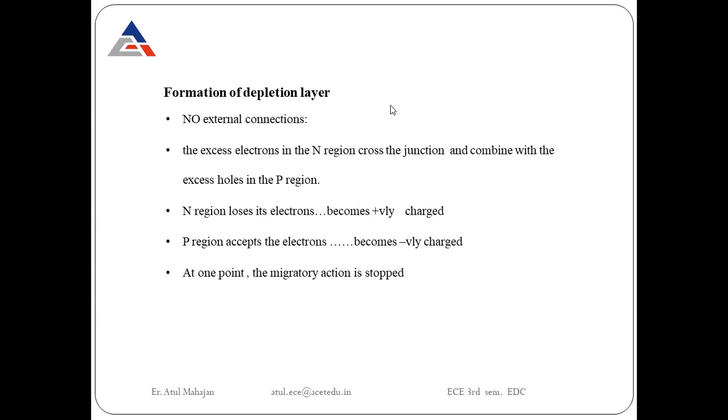Now this N region loses its electrons. Why does this N region lose its electrons? Because they have excess electrons in the outer shell and they become positively charged as they continuously donate their electrons towards the acceptor, the P side region. So they are positively charged, and the P region accepts the electrons and becomes negatively charged. At one point, the migratory action is stopped.